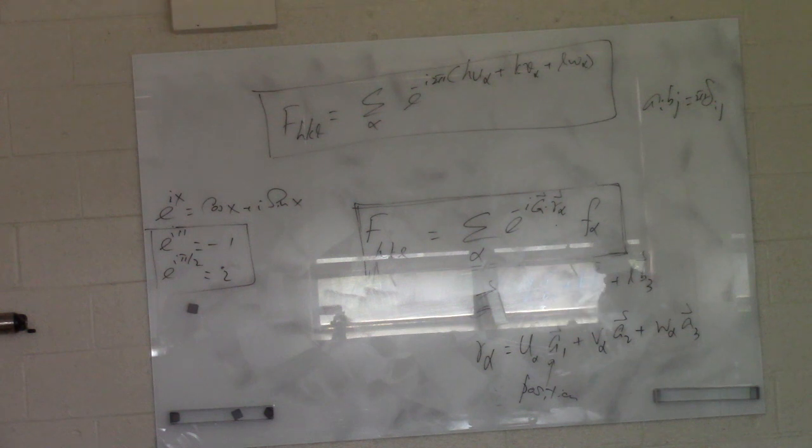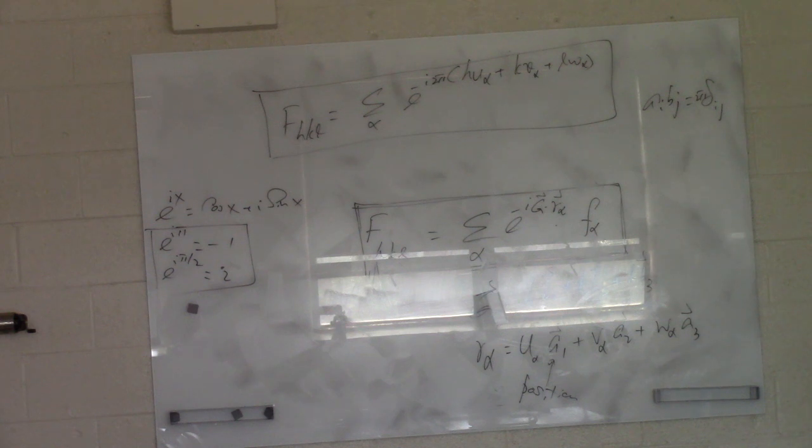So let's calculate some simple things. Now let's think about simple cubic structure. That means you have only one atom per unit cell, right? But we know the location of all the atoms. So how do we calculate the structure factor? Because you have only one atom, you can pick whatever position you want.